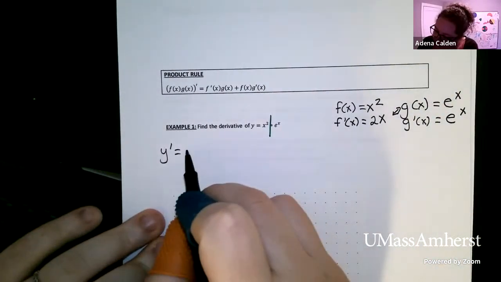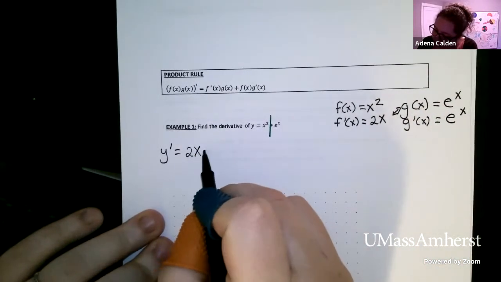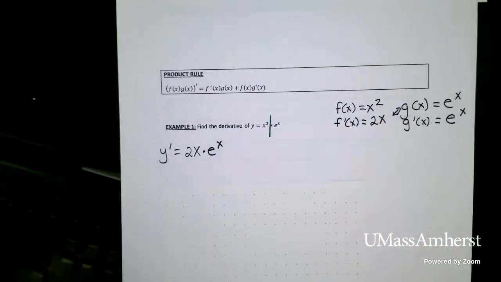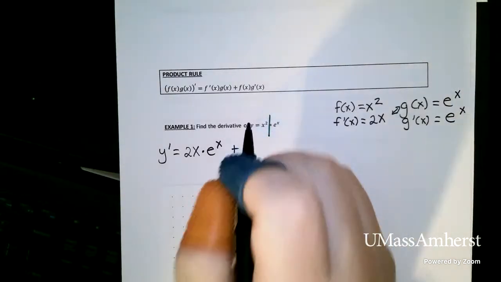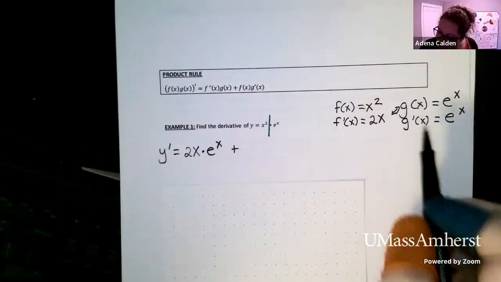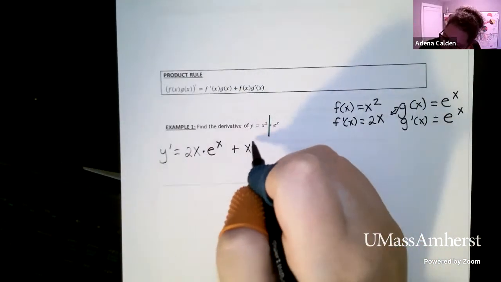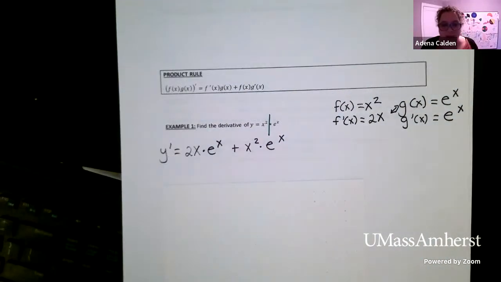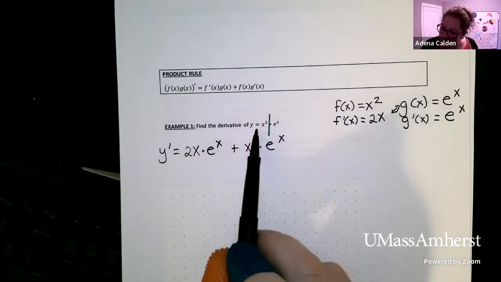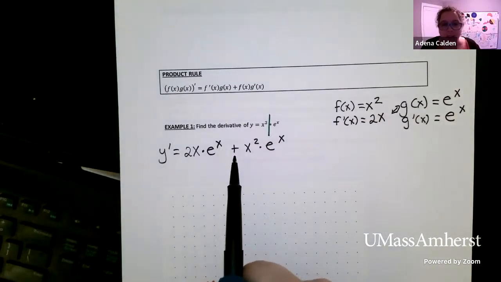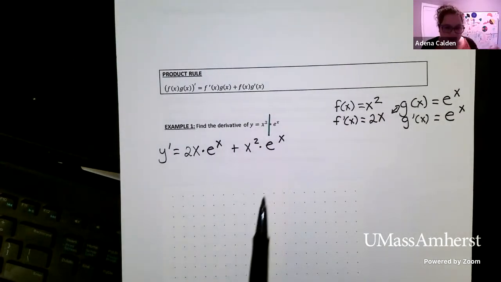So here our f prime is 2x times our g, which is e to the x, plus f of x times g prime of x. So f of x times g prime of x is x squared times e to the x. So the derivative of x squared times e to the x is 2x times e to the x plus x squared times e to the x.